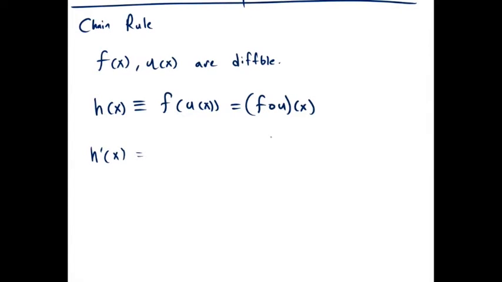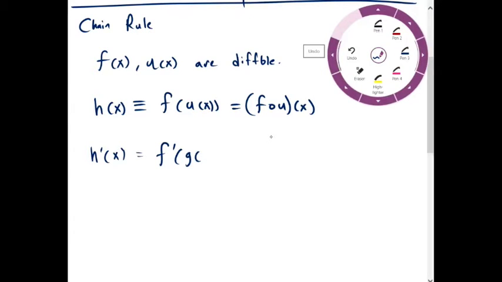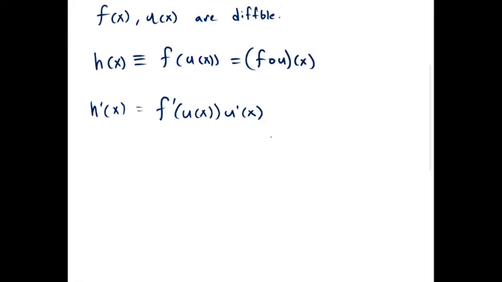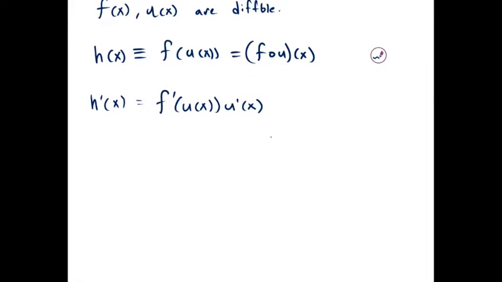So the chain rule tells us that h prime of x is going to be f prime of u of x times u prime of x. You can use g instead of u, that's what the book uses, but u will tie into other things. That's pretty much what the chain rule says.